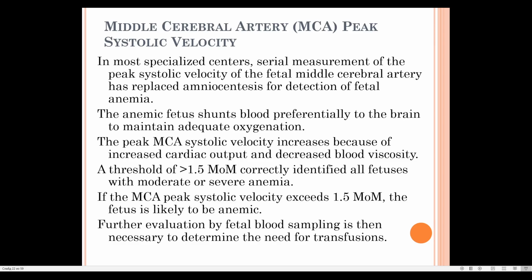So a threshold of more than 1.5 MoM correctly identified all fetuses with moderate or severe anemia. If the middle cerebral artery peak systolic velocity exceeds 1.5 MoM, the fetus is likely to be anemic. Further evaluation by fetal blood sampling is then necessary to determine the need for blood transfusions.